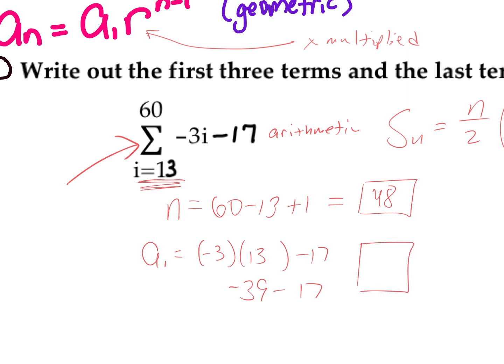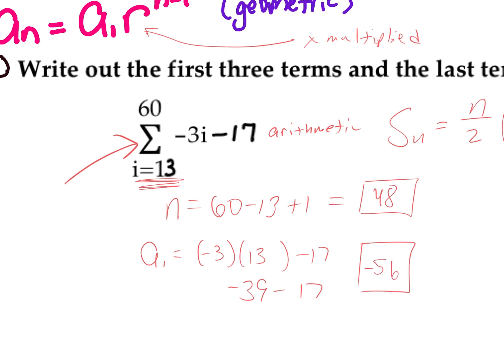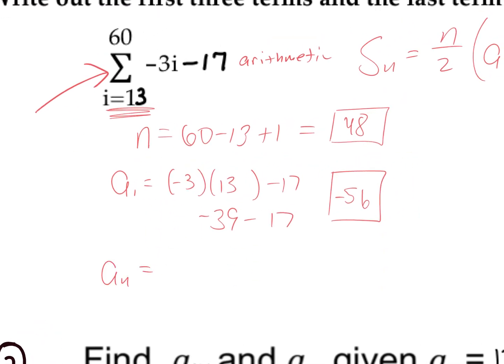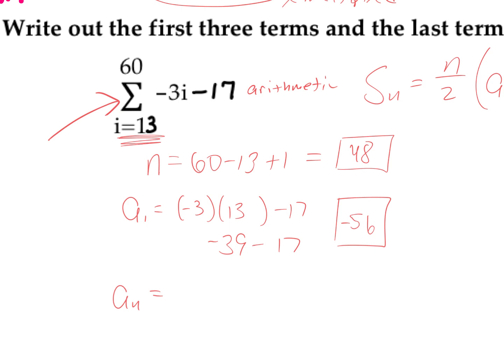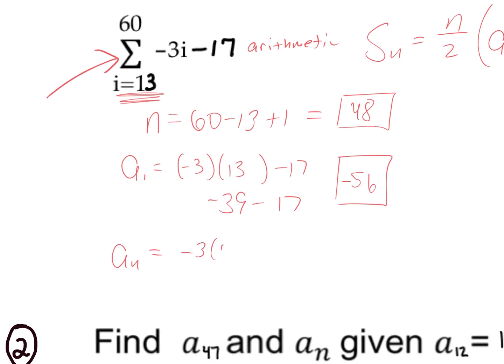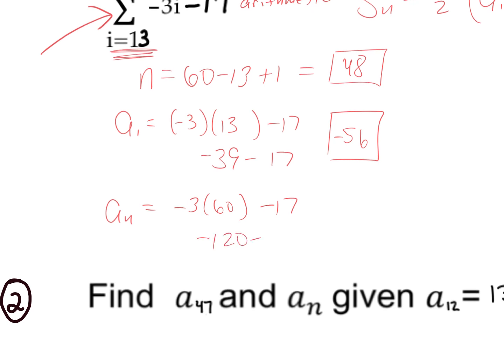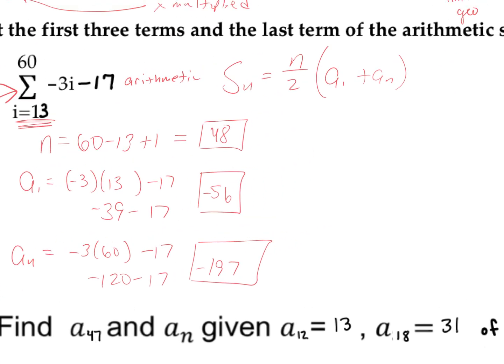Negative 56. And then the last term. How do you figure out what the last term is? Plug in 60. So negative 3 times 60 minus 17. Negative 120 minus 17 is negative 197. So there's the information you need to plug into this formula.